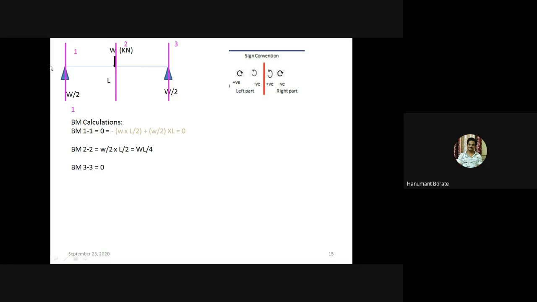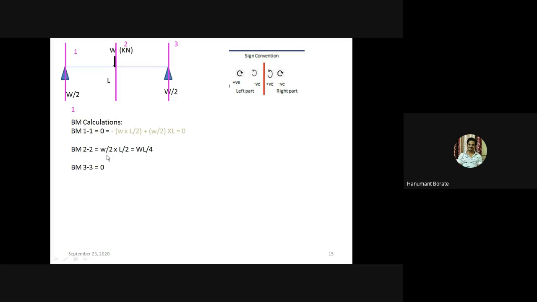In the left part, there is no beam portion. So we can directly say bending moment at section 1-1 equals 0, right? But if we consider the right part and solve for it, then also we'll get the answer 0.